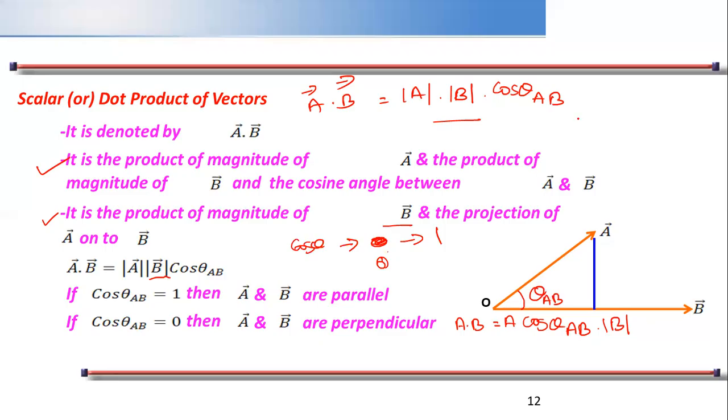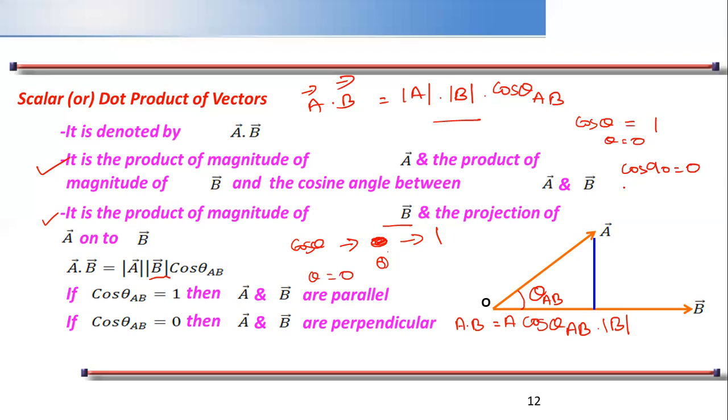Cos 0 is 1, and cos 90 is equal to 0. So if cos theta AB is 1, that means A and B are parallel, the angle theta is equal to 0, and cos 0 will be 1.